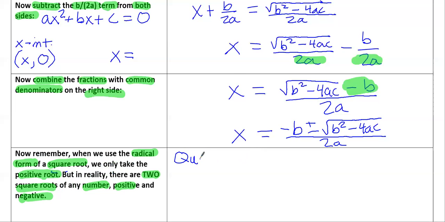If you ever have a quadratic equation, ax squared plus bx plus c equals 0, you can solve it. x will be equal to negative b plus or minus the square root of b squared minus 4ac all over 2a.